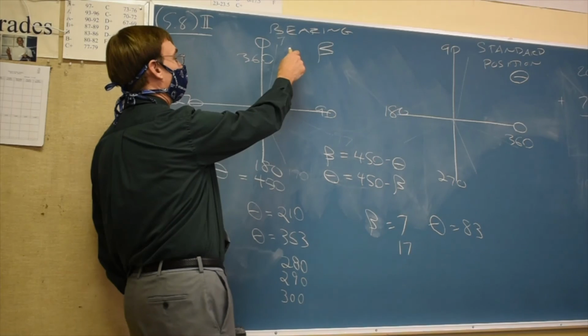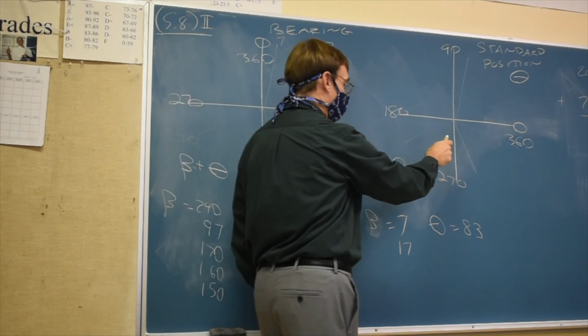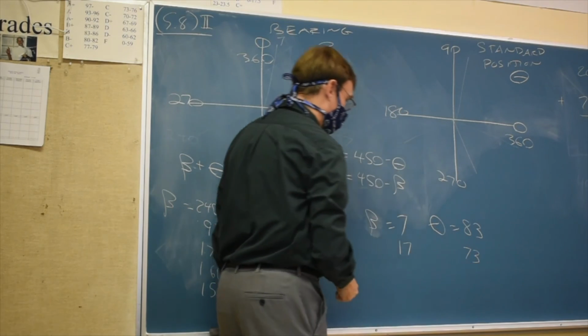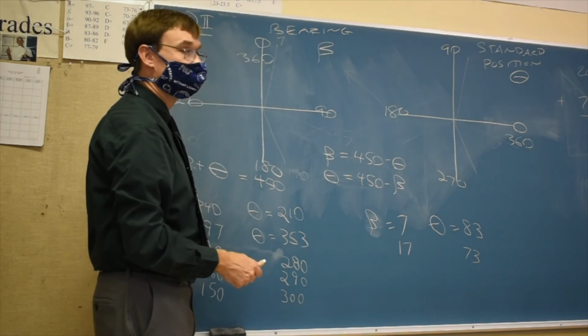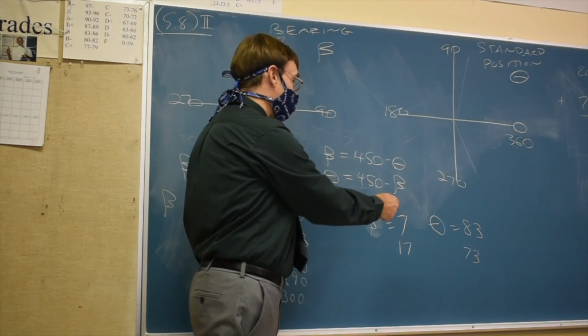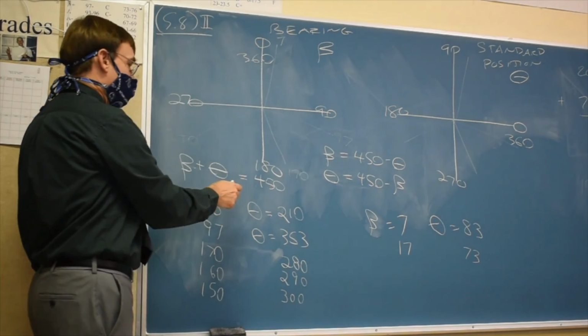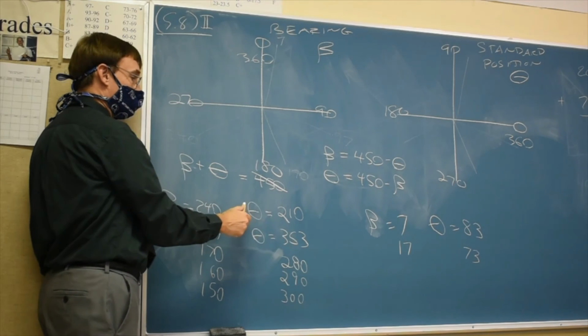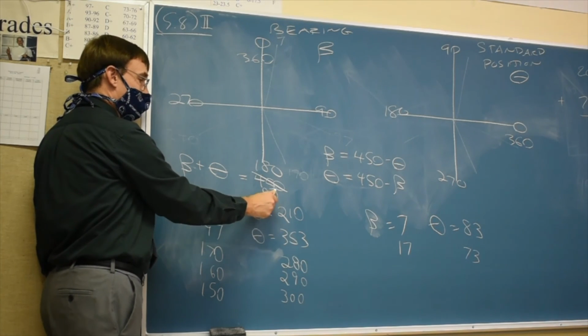If we go 17, we go 73. Does anybody see it yet? 90. Yeah, if you add them, if they're bigger angles, they're going to add to 450. If we had smaller angles instead, we'd add to 90.